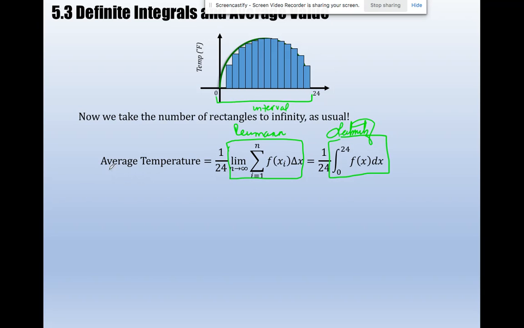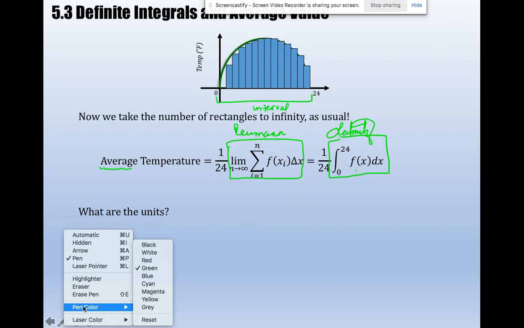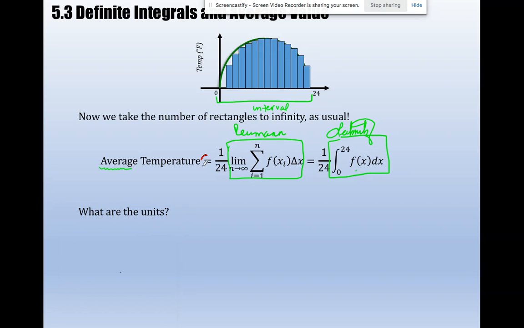What was I doing again? Average temperature. The average temperature of a continuous function over a closed interval is an integral divided by its interval. The average temperature is exactly the integral over the interval.